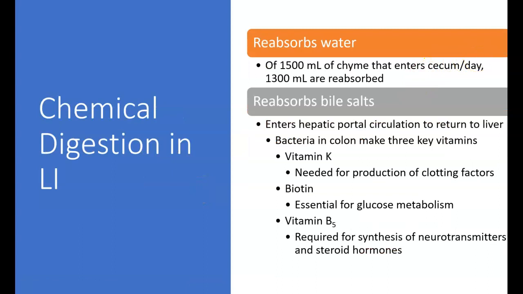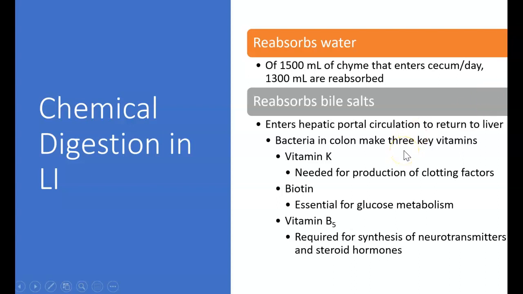Chemical digestion. A lot of water is going to be absorbed out of the large intestines into the body. So of the 1,500 milliliters of chyme that enters the cecum per day, 1,300 milliliters are going to end up being reabsorbed. We also are going to reabsorb bile salts, so they will enter the hepatic portal circulation and return to the liver.